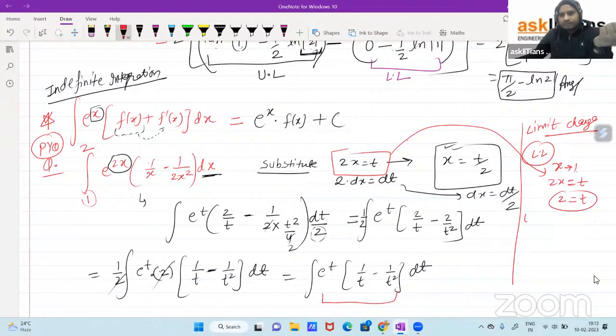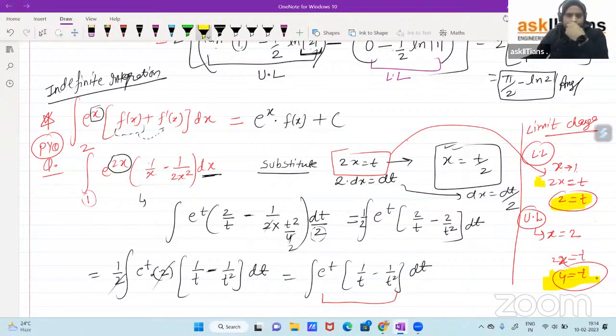And in case of the upper limit, when x is equal to 2, then t will be 2x, that means 4. So your lower limit is 2 and upper limit is 4.